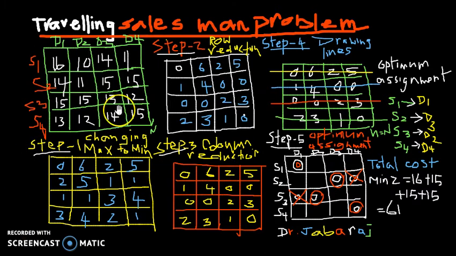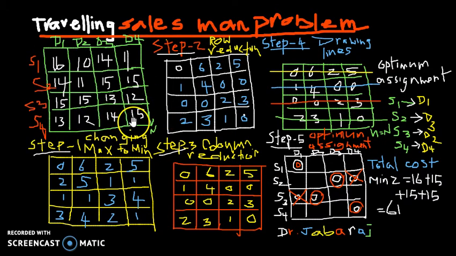Now, what is the next step? The next step is the same as we do in minimization problems under the Hungarian method. Under the Hungarian method, we do the row reduction, then the column reduction, then the drawing of lines, and we check whether the number of lines equals the order of the matrix.